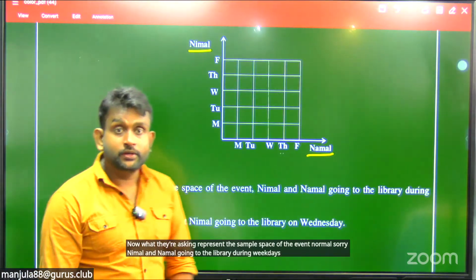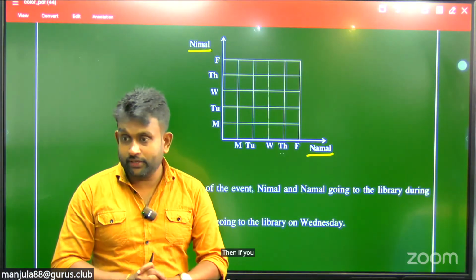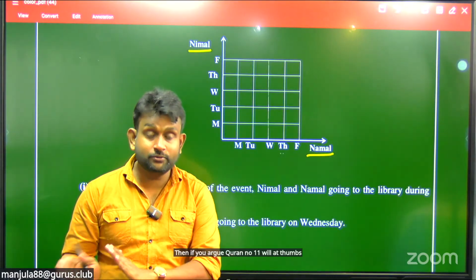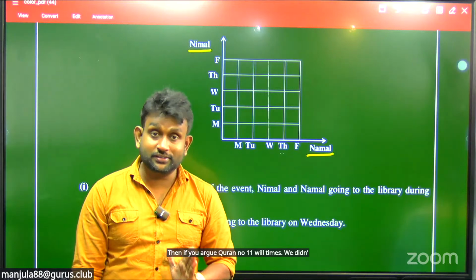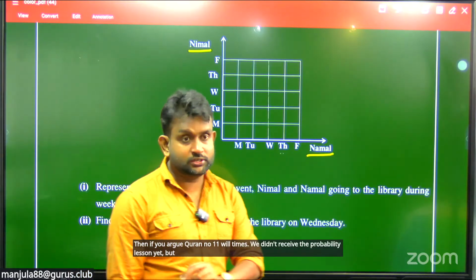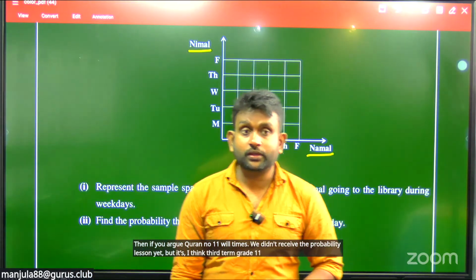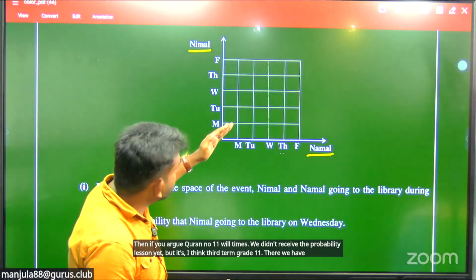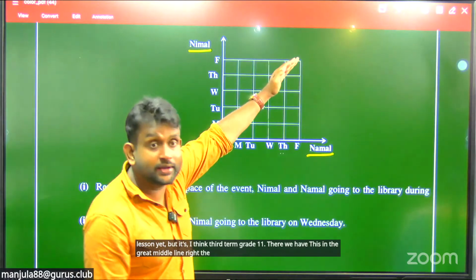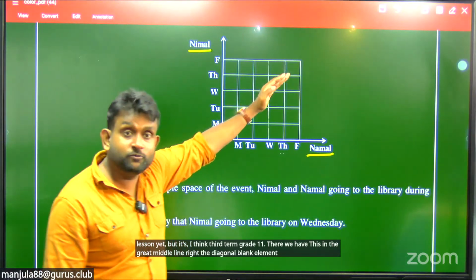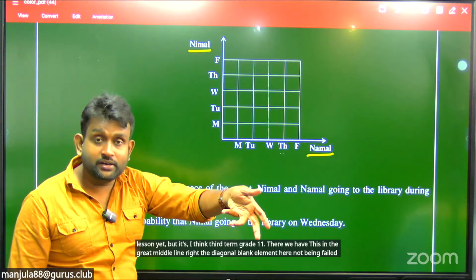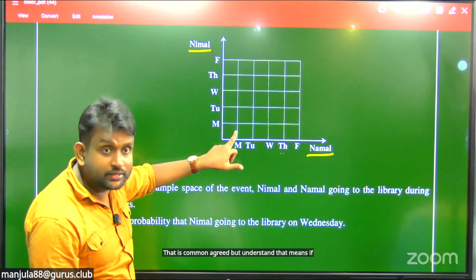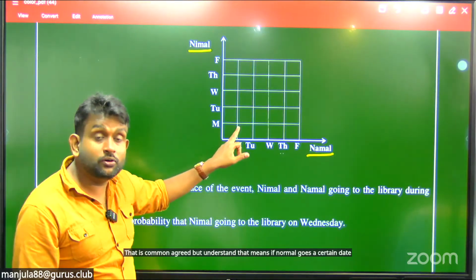Now we have to argue in the exam that grade 10 and 11 students have not yet received the probability lesson, but I think it comes in the third term of grade 11. In the grid, the diagonal in the middle line could be left blank. That comes under gradient. It means that if Namal goes on a certain date, Nimal cannot go on the same day.